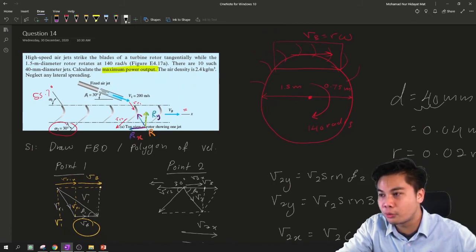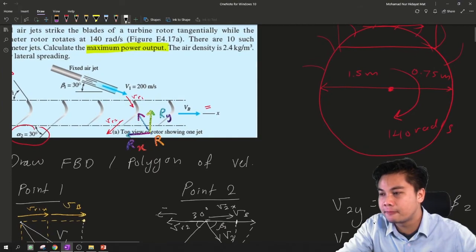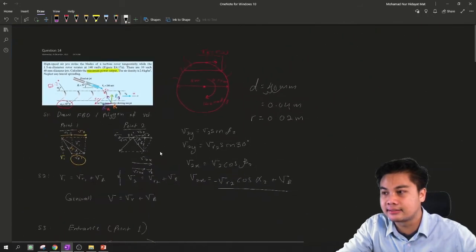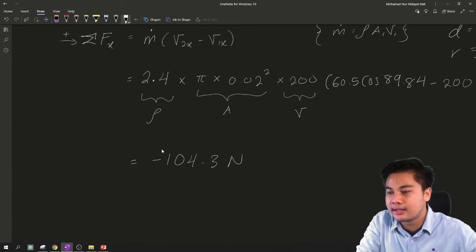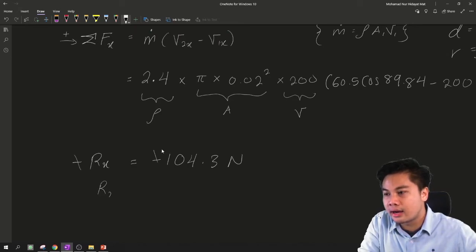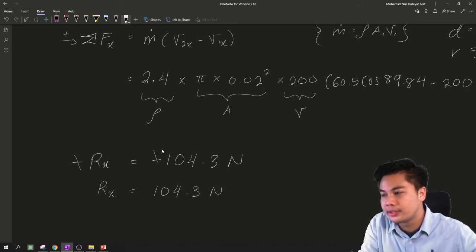The reaction force points this way. So definitely we have the reaction force pointing to the left, which is negative Rx. So just substitute here. There is only one force, which is negative Rx. So the negatives cancel out. You will get Rx finally equal to 104.3 Newton.